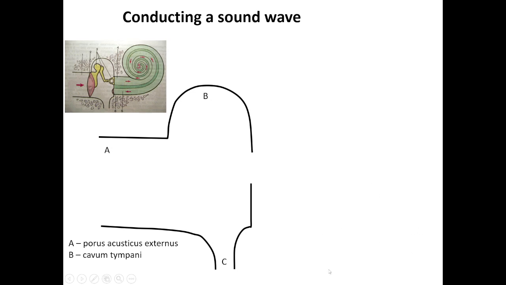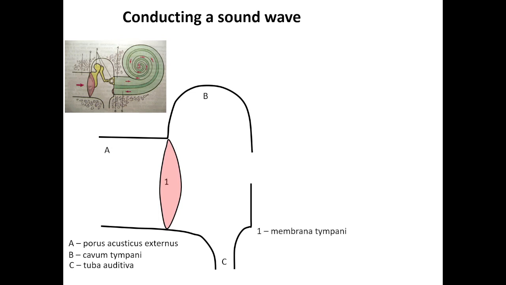And what is letter C? It is tuba auditiva, the eustachian tube. And what is this? It is the border between external ear and middle ear. What is it? Tympanic membrane, surely.